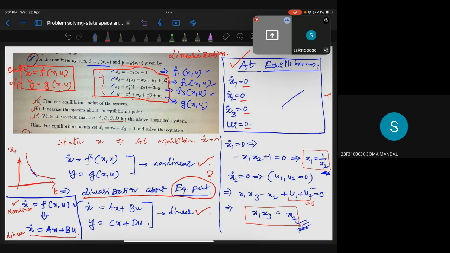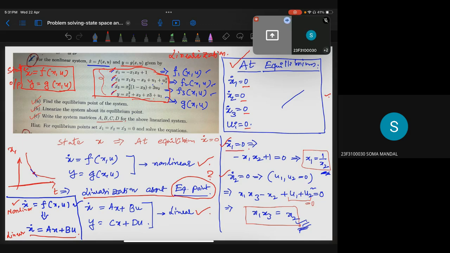Okay. Now first we'll find that equilibrium point by taking all the derivatives to zero. So for this example, x1 dot, x2 dot, x3 dot, three equations we have. So we are taking them to zero. First, x1 dot equal to 0.